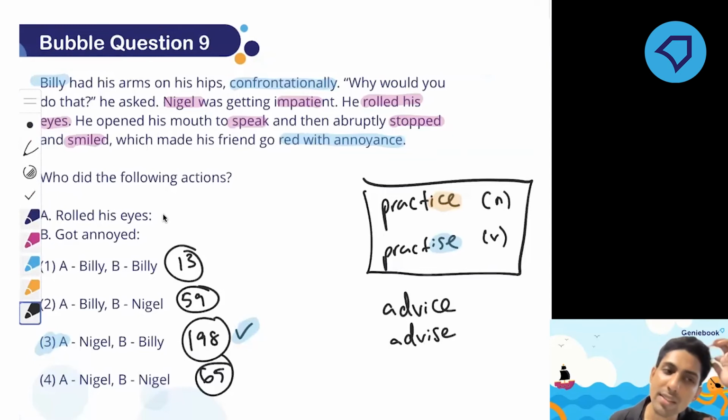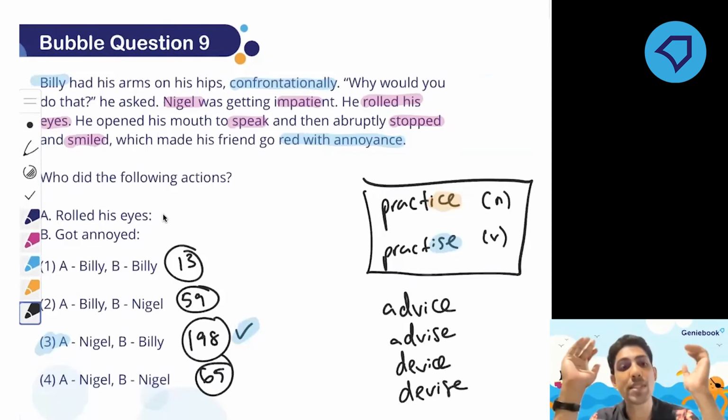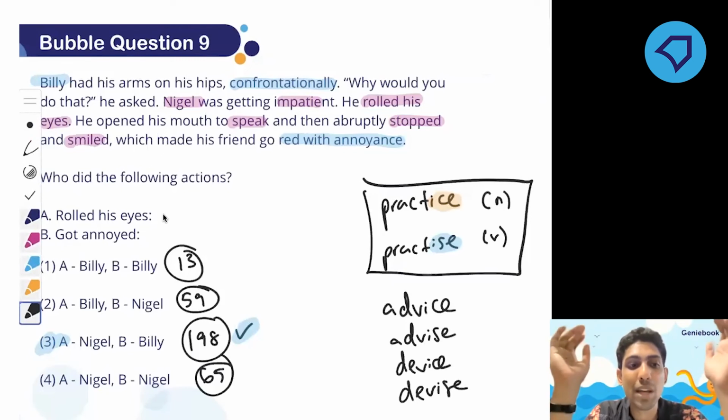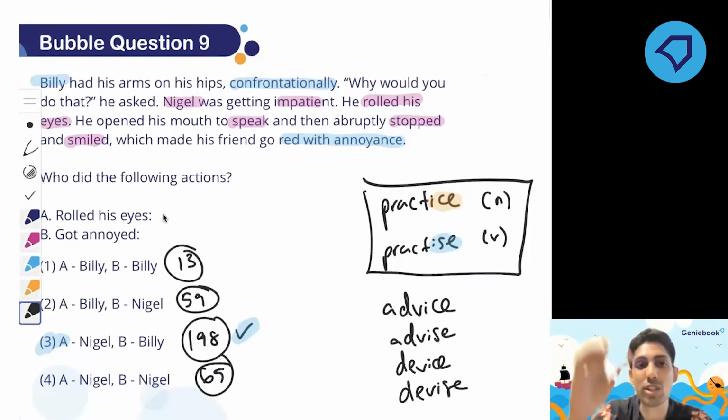Device and devise. To devise a plan, is it? Yeah. Okay, so I've been saying this so much. It might be possible that in the future, our language might change and we'll just have one spelling.